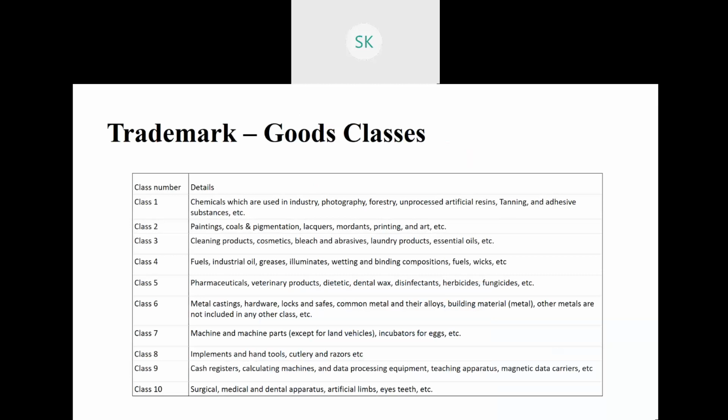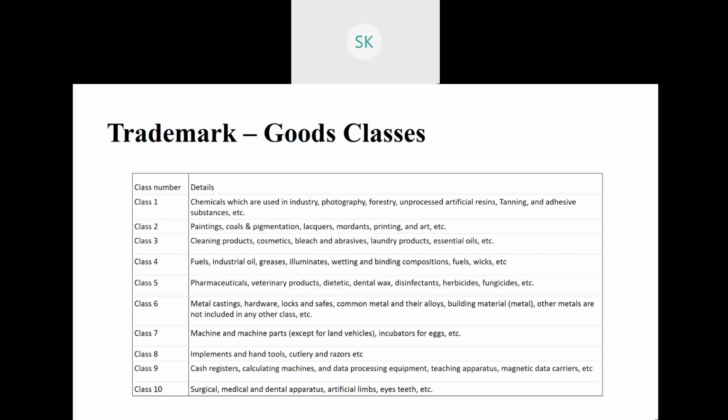So this we can say is individual. Coal and pigmentation can be thought of as some industrial uses, but paintings, the painting by Leonardo da Vinci or Van Gogh, come under the category of class 2. Then class 3 is cleaning products, cosmetics, bleach, abrasives, laundry products, essential oils.